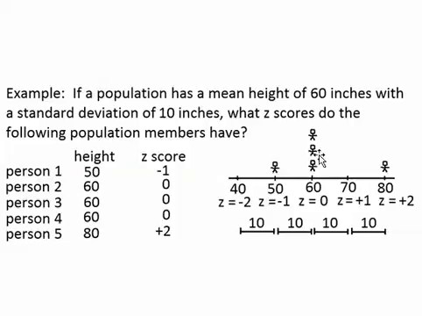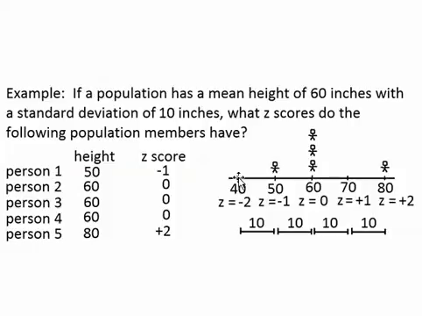So if we kept on going, if we extended this number line, eventually we would have a tick mark for 100, and that would be +4. A person with a z-score of +4 would be pretty far above the mean, because they would be 100 inches tall.